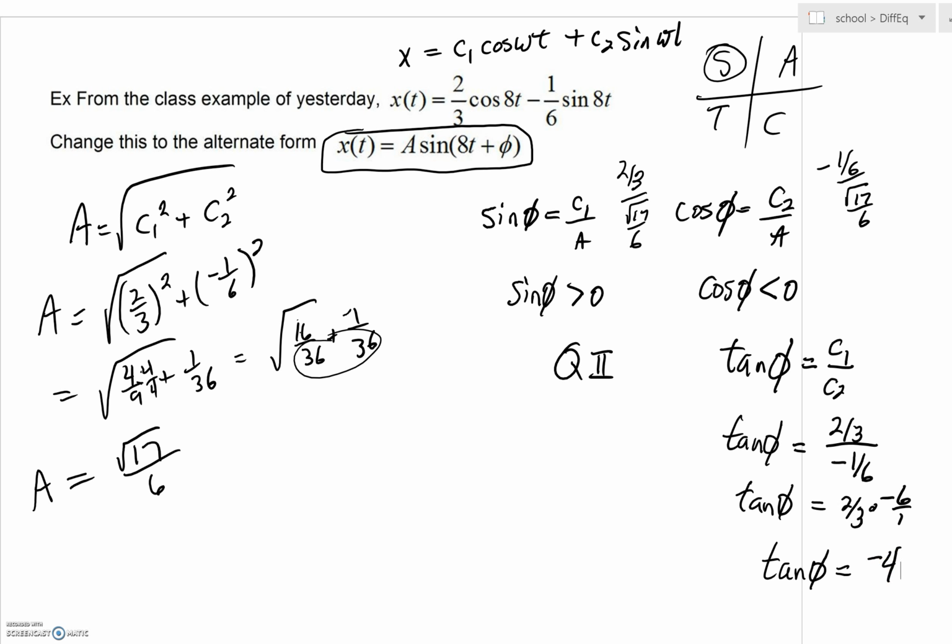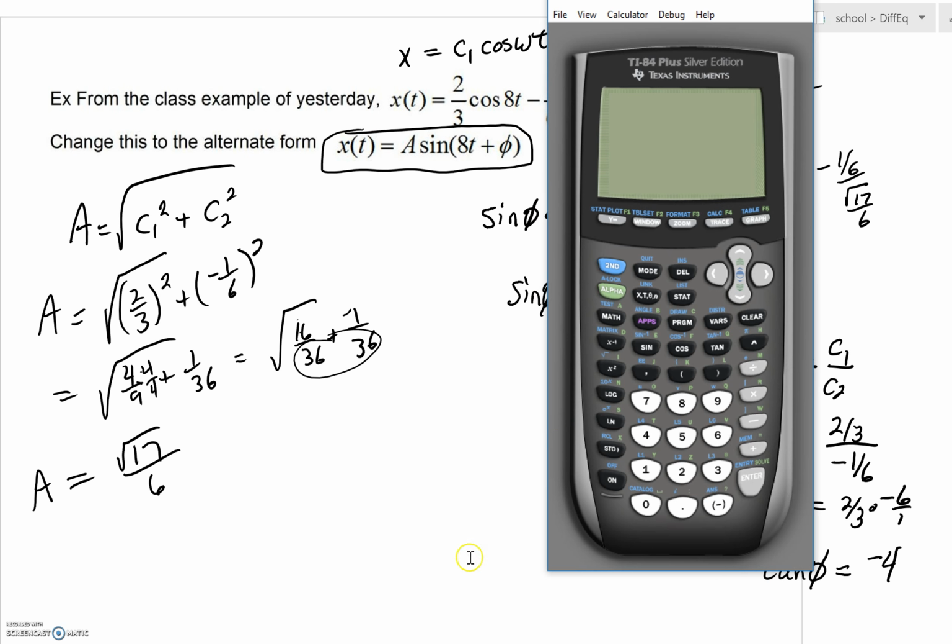But we're going to take our calculator out. We just have to make sure we're in the radian mode. And just double check here. And we are. So I'm going to type in inverse tangent, second tangent of -4. And we'll get -1.326.